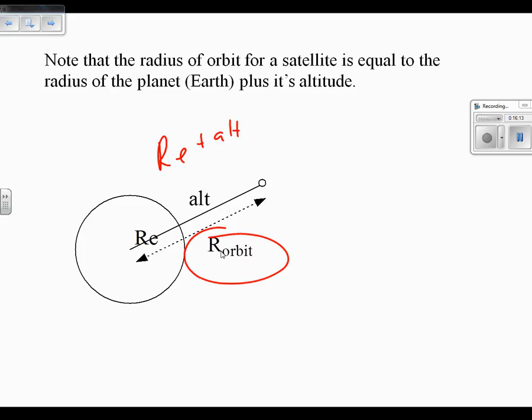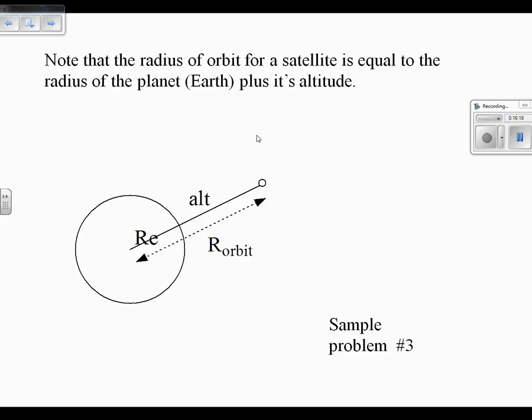So you need to know the radius of the Earth in some cases. I think it's 6,400 kilometers, if I'm not mistaken. It'll pop up somewhere.